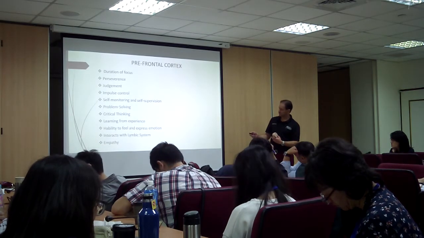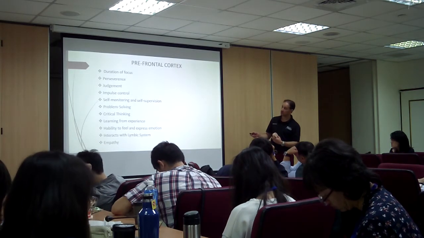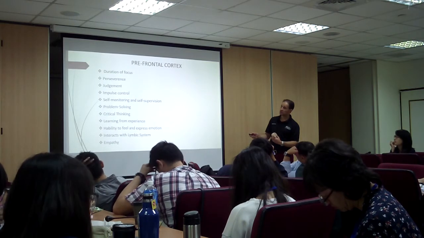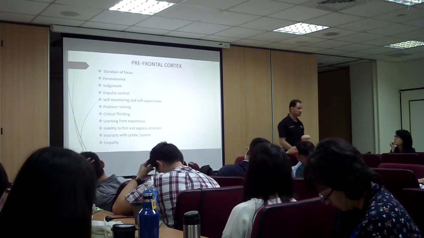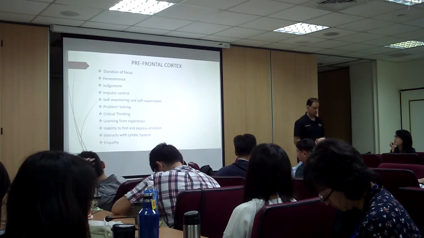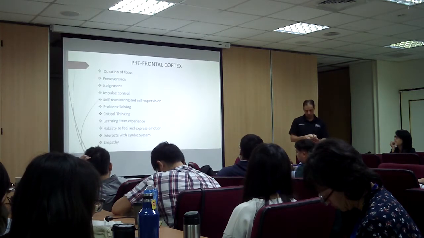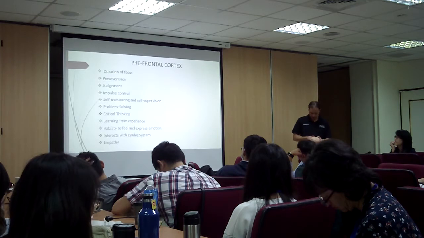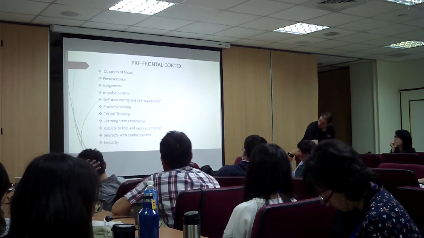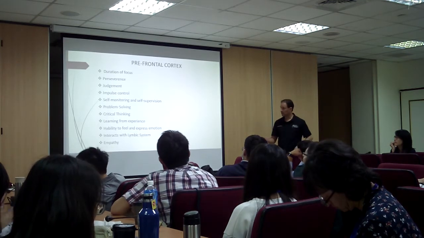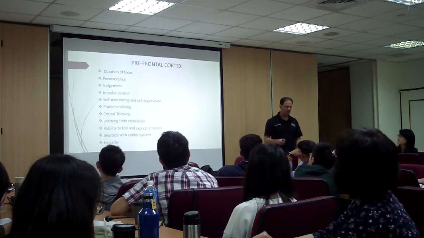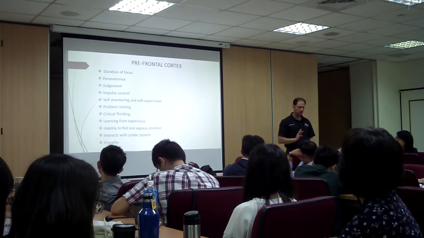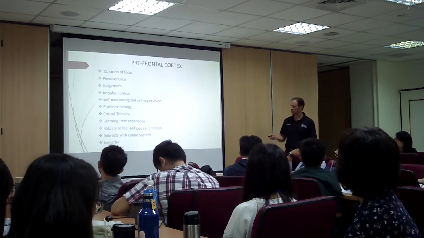So what does the prefrontal cortex do? The duration of the focus. It helps us persevere. It helps us be motivated. If we're not doing well, we want to persevere. It helps us judge. It helps us with impulse control, with self-monitoring and supervision, meaning maybe I'm being inadequate, maybe I should not say this in front of this person.